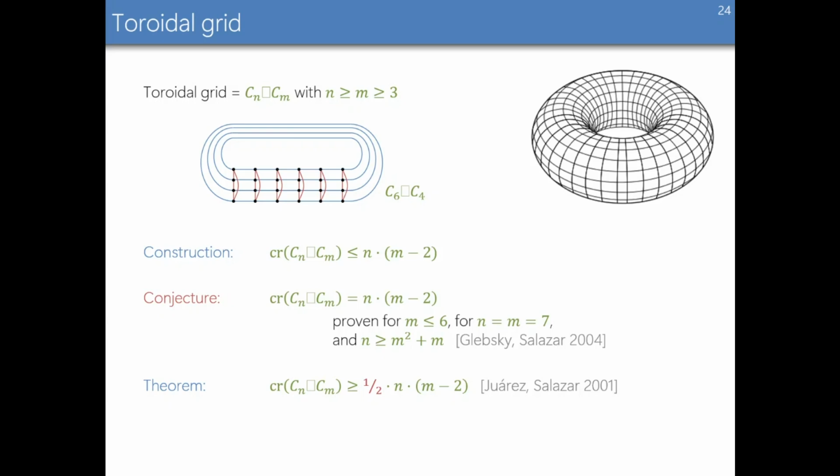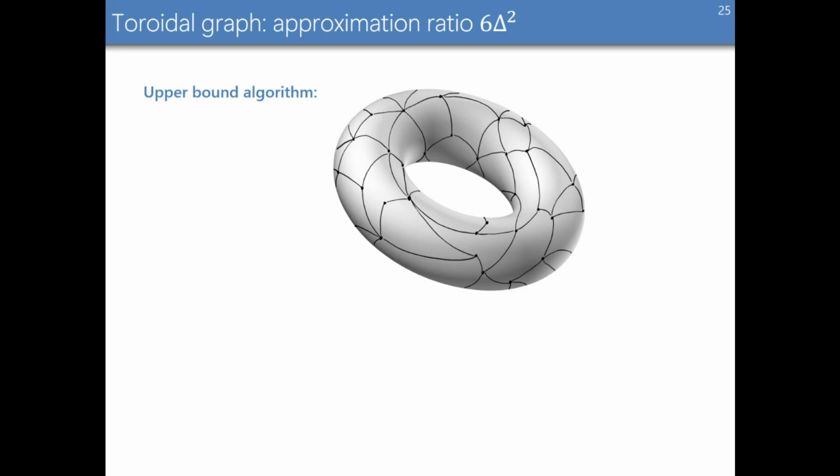But now we are starting with some toroidal graph, which is not a grid. So you have a torus, and you have a graph drawn on the torus. And let's start with seeing what the algorithm does. The algorithm is really a very simple algorithm.